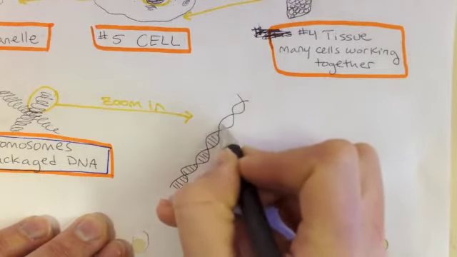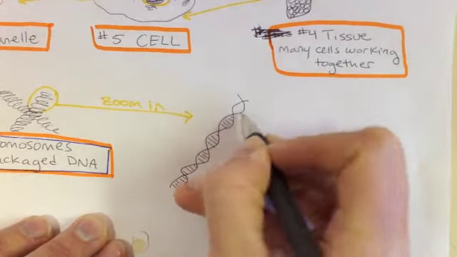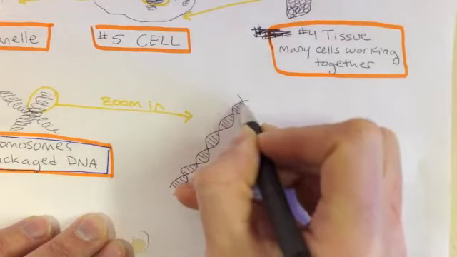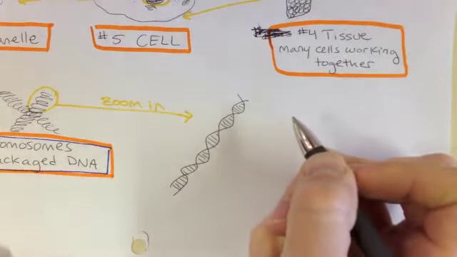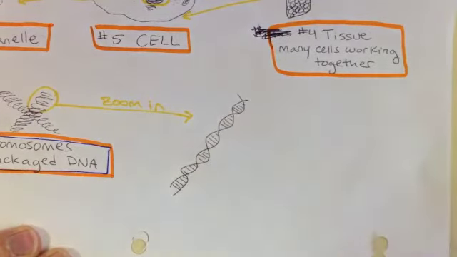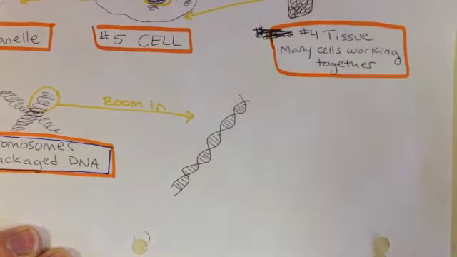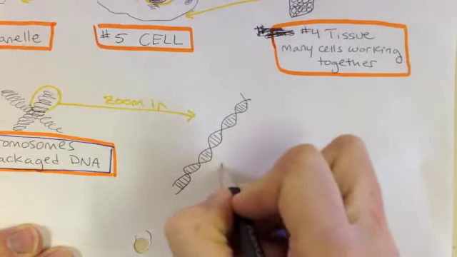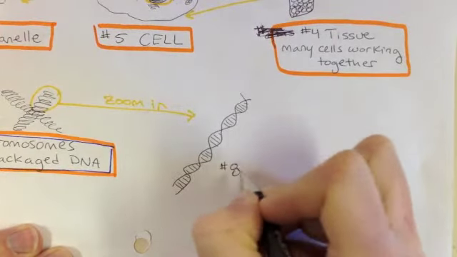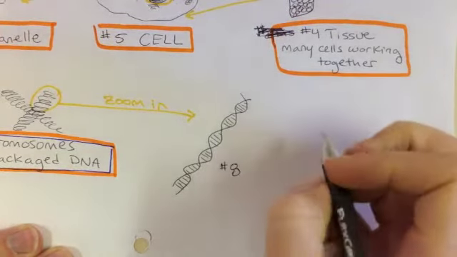And I'm putting these lines in the middle of the DNA because that's what is going to be the genes. That's what tells your body what to be, what to look like, what to do. So this level of organization, number 8, is DNA.